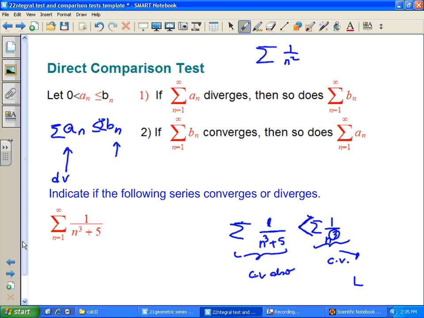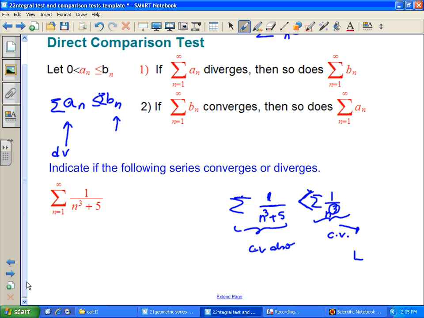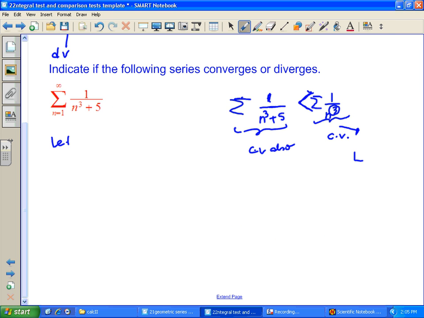So here's how you would state this problem. You would say, okay, let A sub n be the given series and B sub n be just 1 over n cubed.